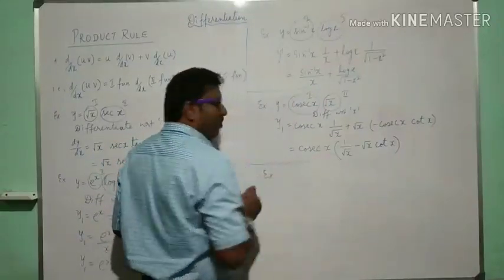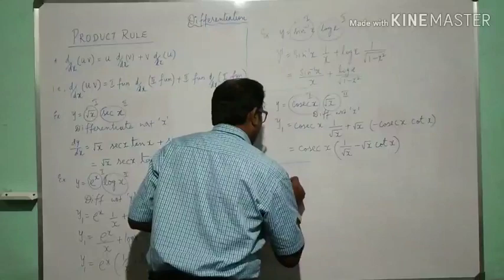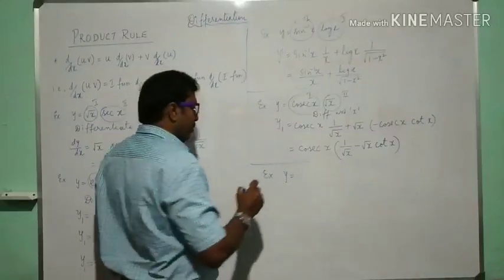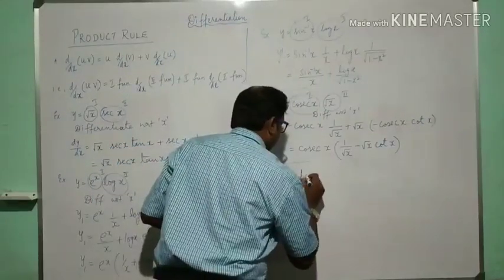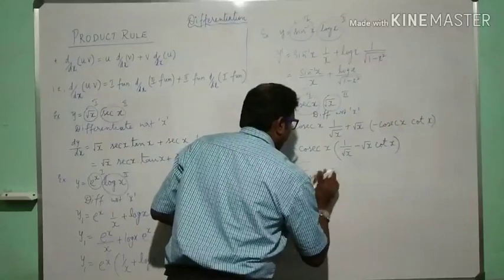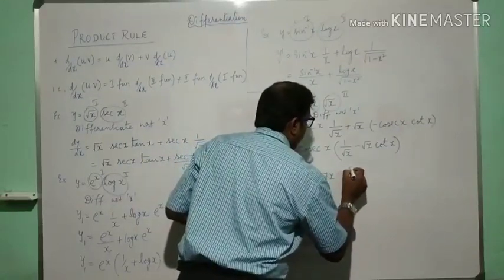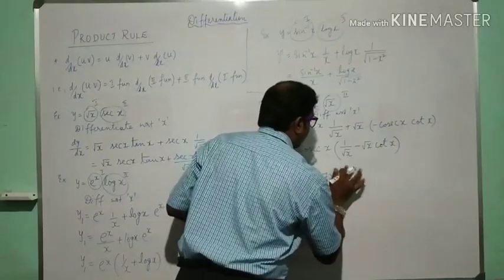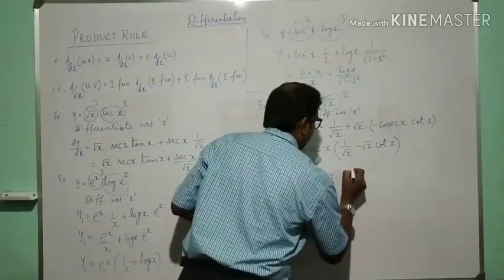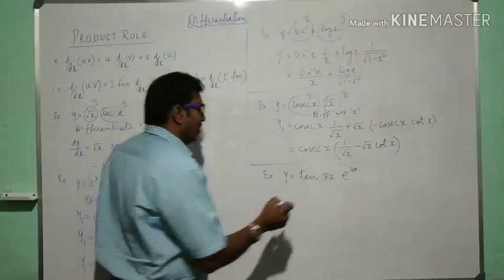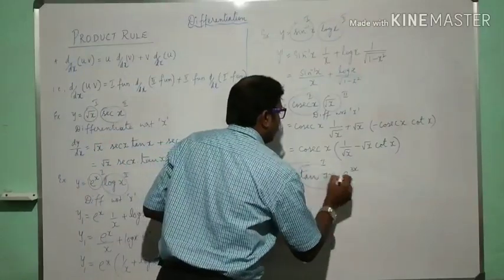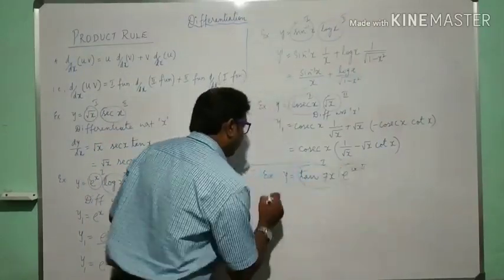And one more final example. Let y is equal to tan 7x into e power 3x. Now this is the first function, this is the second function.